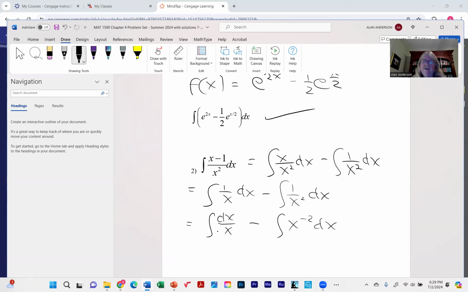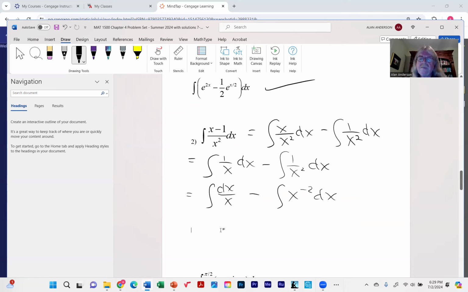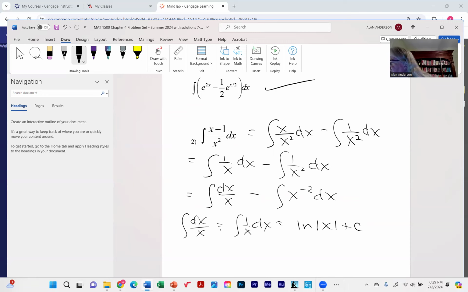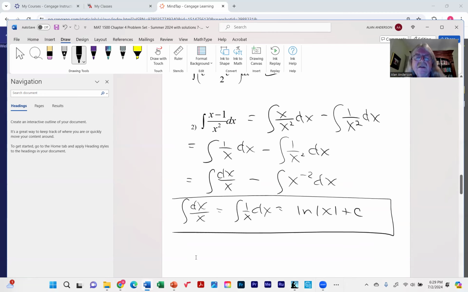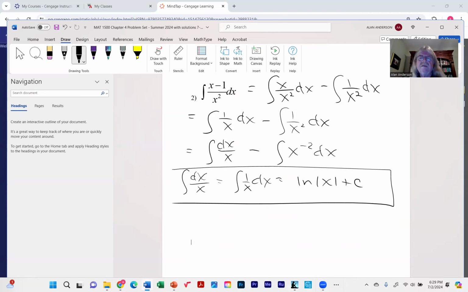Why am I doing this? Because you recall from what we did earlier that the integral here of dx over x, or simply 1 over x dx, is equal to log x plus c with the absolute values. So the first term here is going to be log x, absolute x plus c. Second term, we can use the power rule.